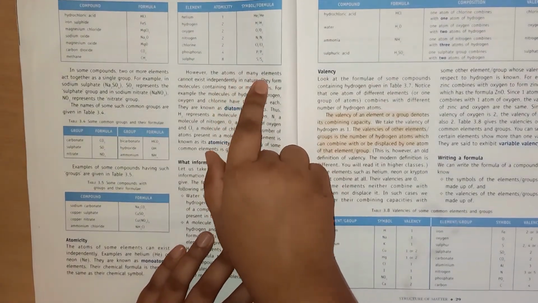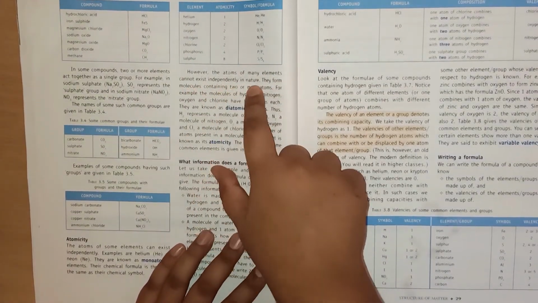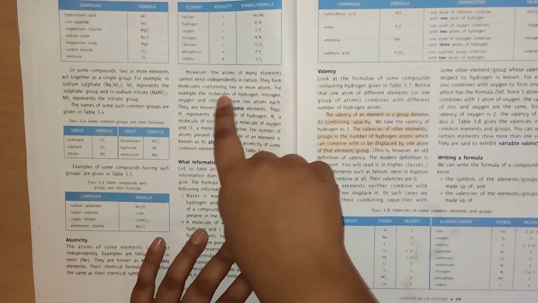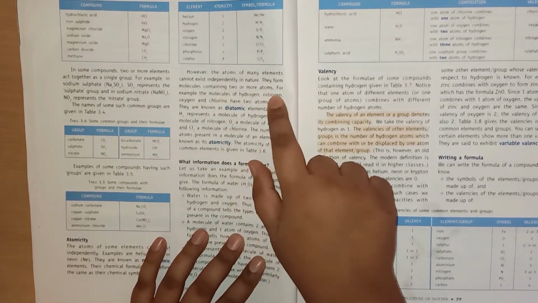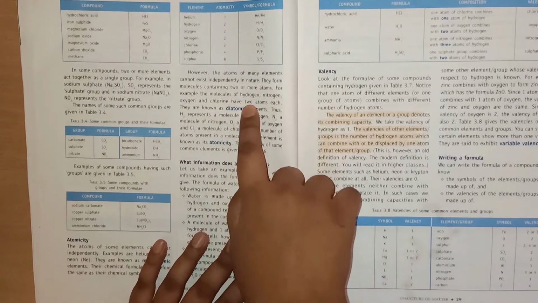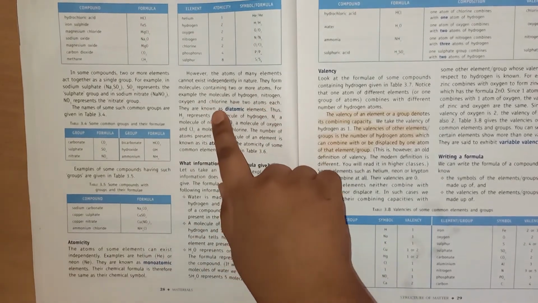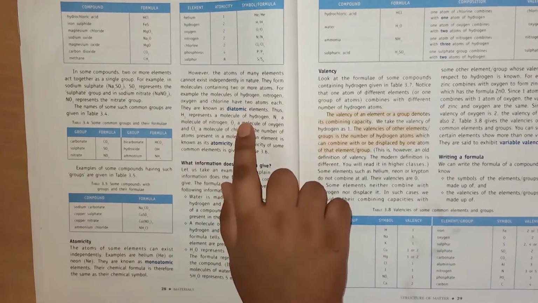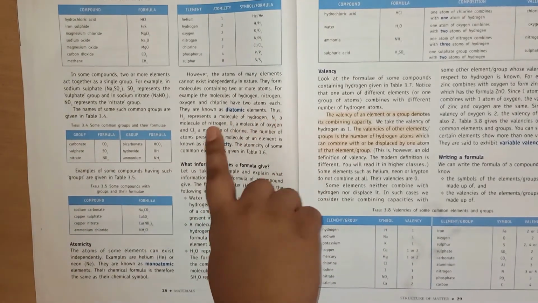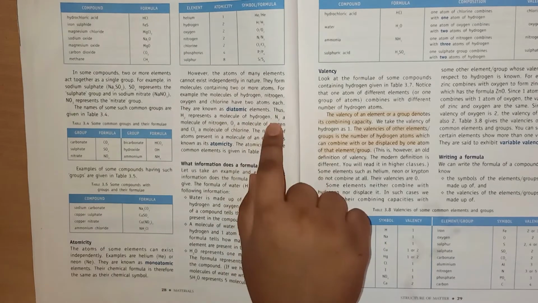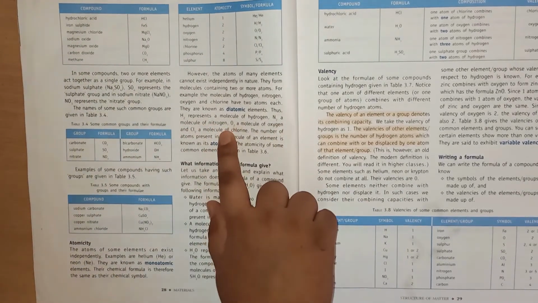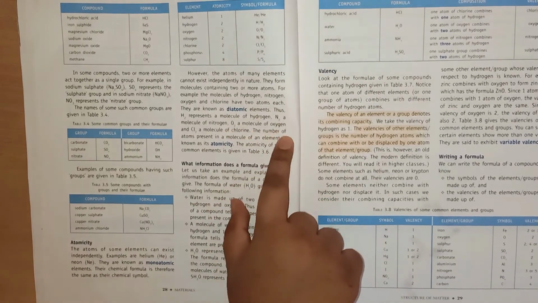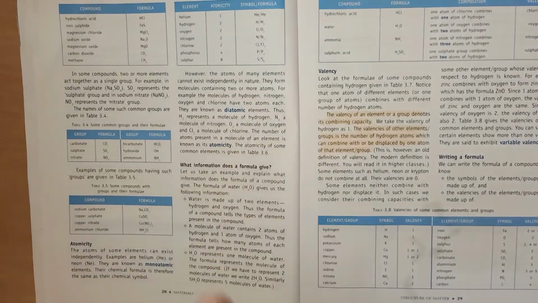However, atoms of many elements cannot exist independently in nature. They form molecules containing two or more atoms. For example, molecules of hydrogen, nitrogen, oxygen and chlorine have two atoms each. They are known as diatomic elements. Thus, H2 represents a molecule of hydrogen, N2 a molecule of nitrogen, O2 a molecule of oxygen and Cl2 a molecule of chlorine.